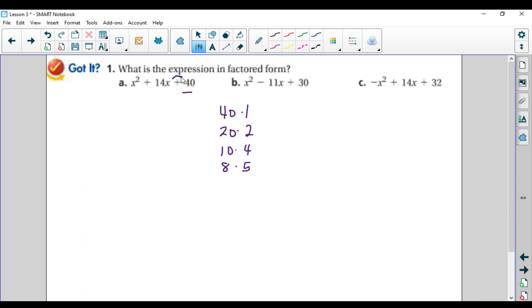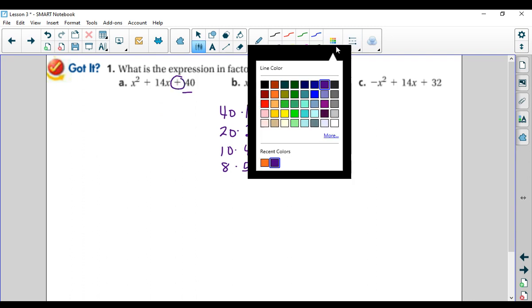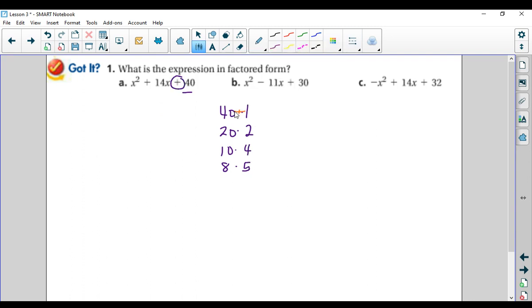You're going to add them because that's a positive 40. So that's 41. That's 22. That's 15. And that's 13.